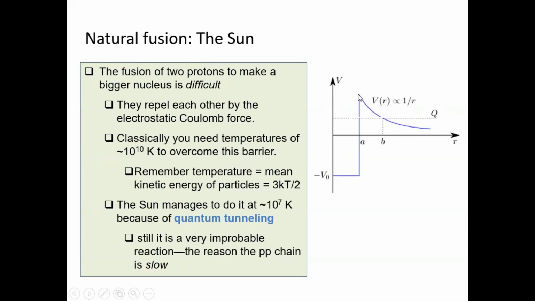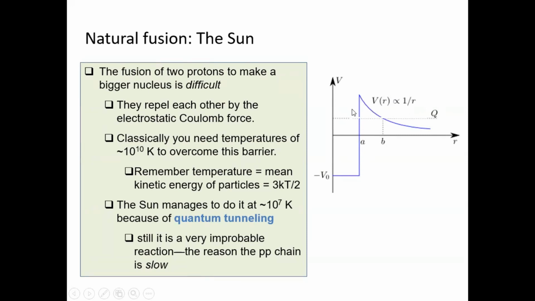It becomes very high, but beyond a certain limit, this becomes a negative attractive potential, and this is the position after which the strong nuclear force becomes the dominating force, and therefore it is the attractive part which is available.